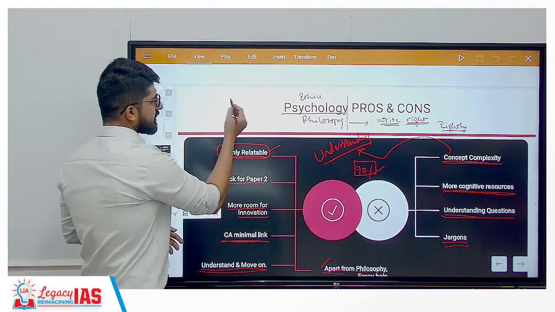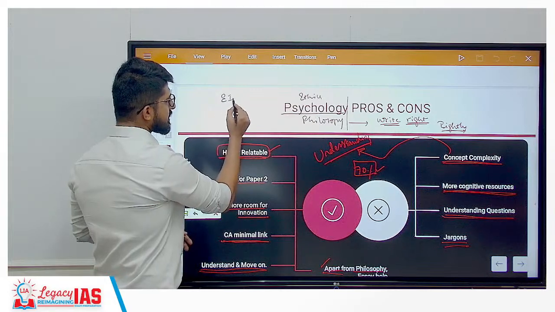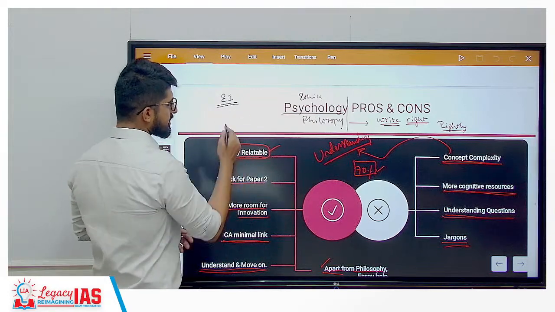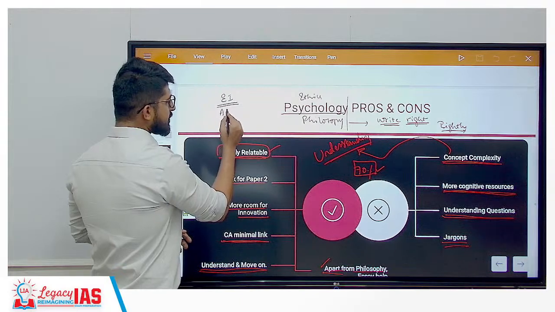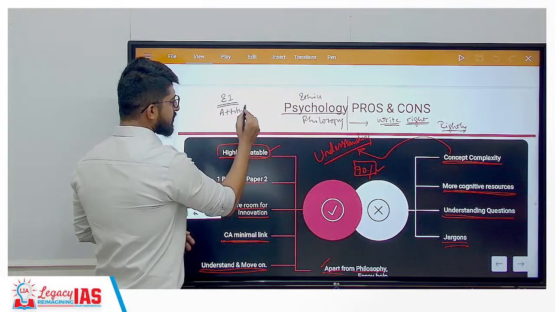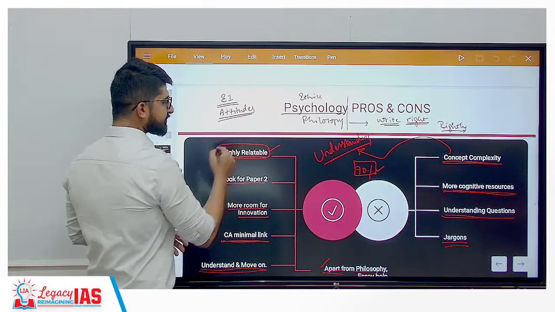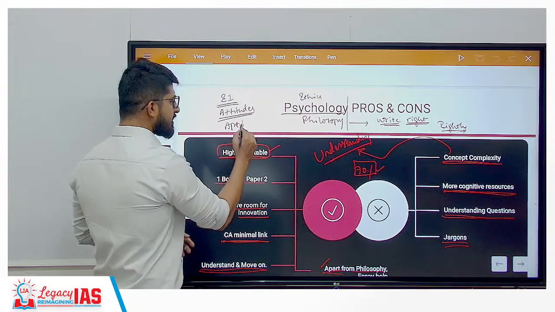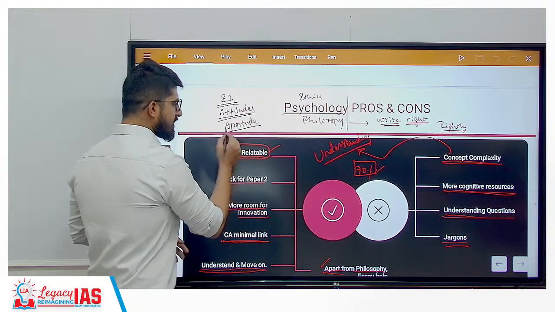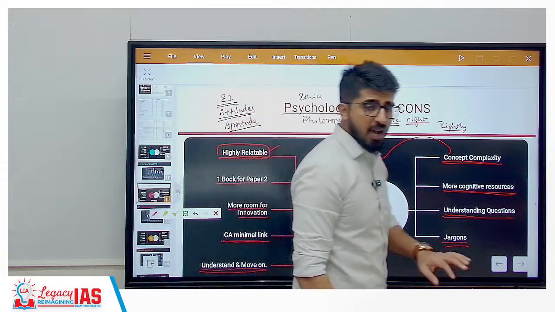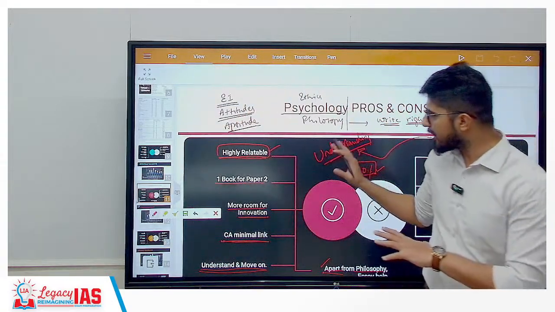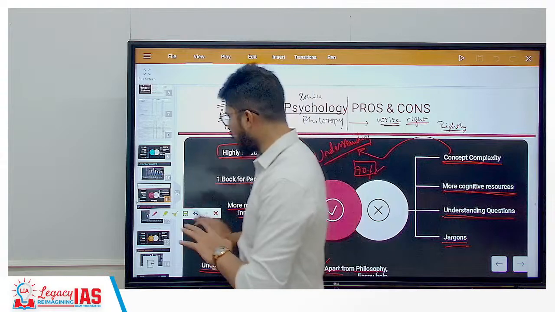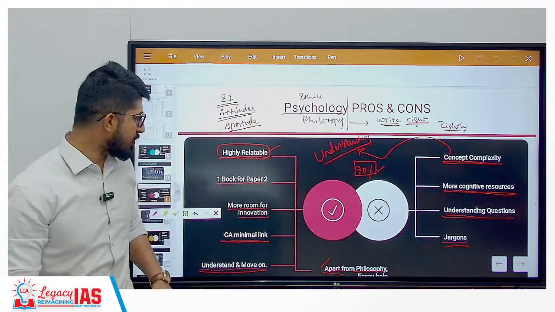So the first chapter is emotional intelligence, that is related to your psychology. And then you have the attitudes chapter, which is related to psychology optional. Aptitude chapter is also related to psychology optional. So you have almost 3 chapters which are related to psychology. So that overlap you have with psychology as an optional.